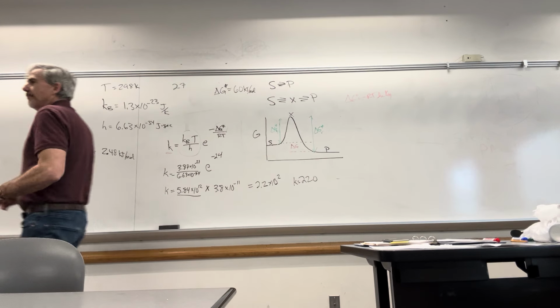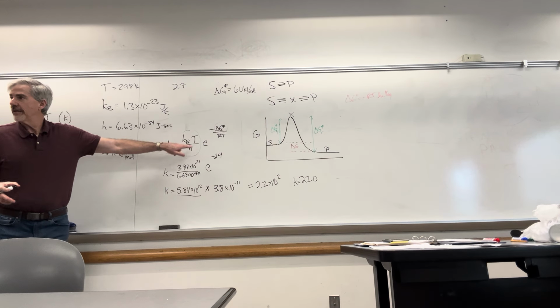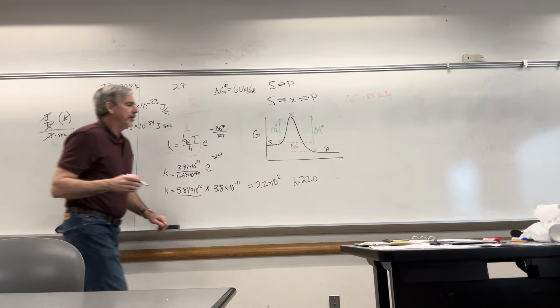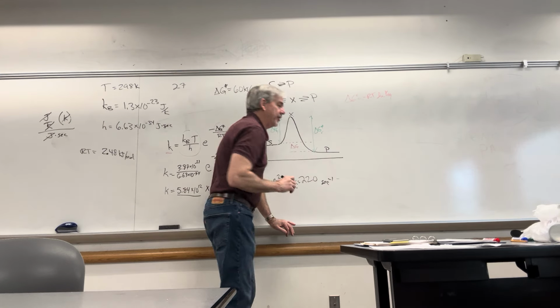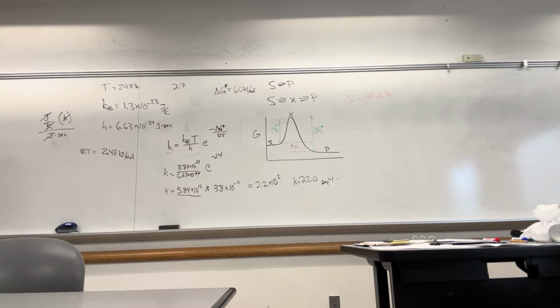And for this term here, with the units, we got joules per Kelvin, joules times seconds, and the joules are going to cancel out, the kelvins are going to cancel out, and our units are per second. Our units are whatever per second.